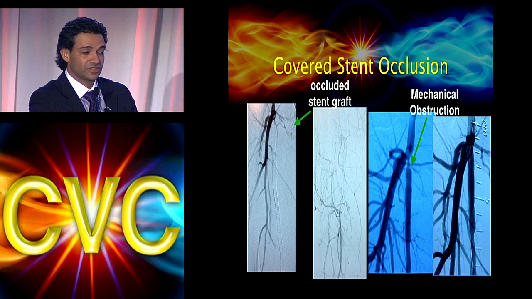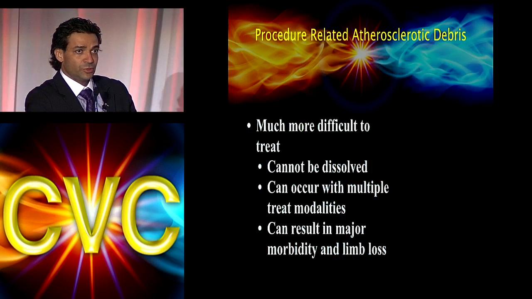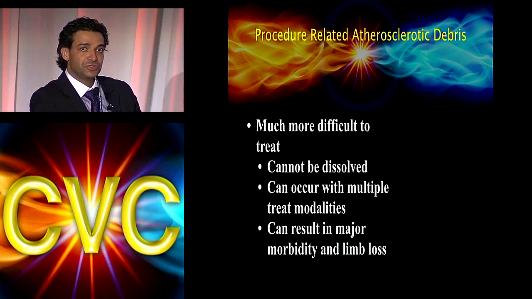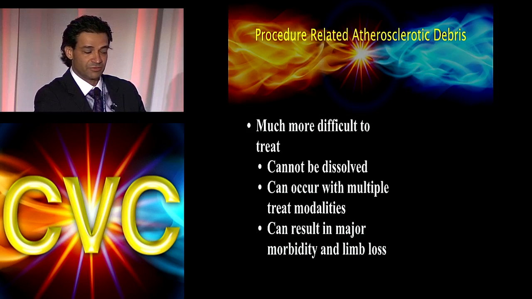What happens is this gets so tight that thrombus forms here, and then thrombus continues to layer, and the entire stent graft gets filled with thrombus. As I described earlier, you can usually treat those with either mechanical thrombectomy or TPA infusion.